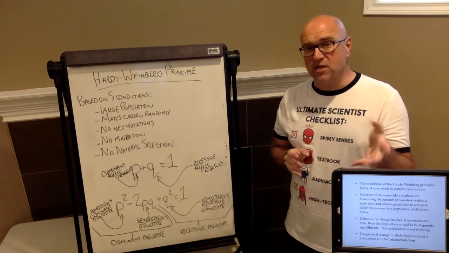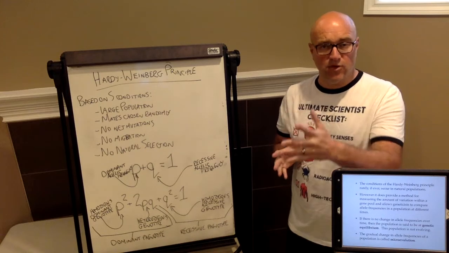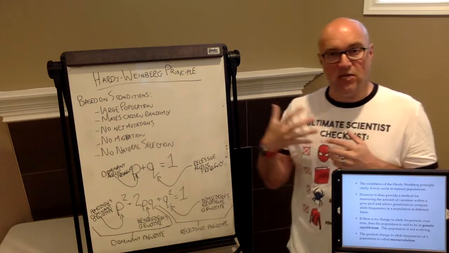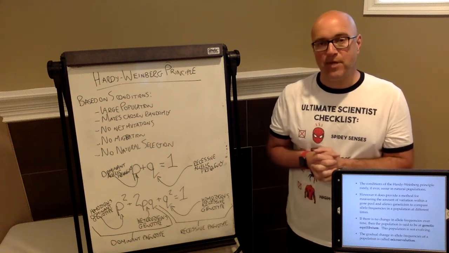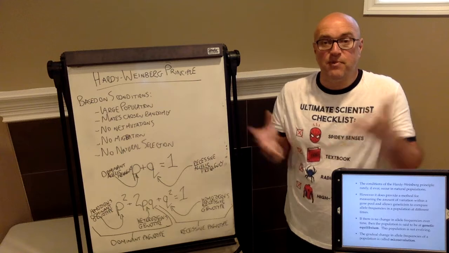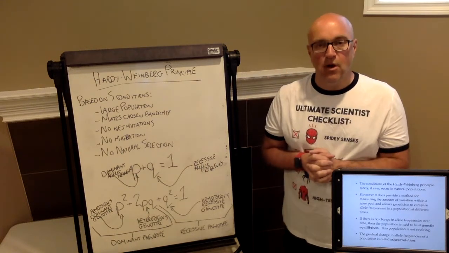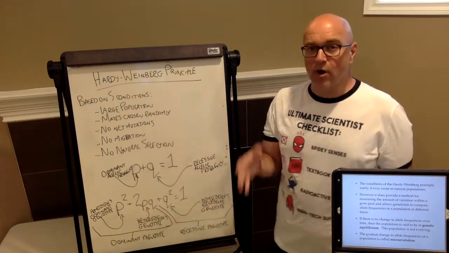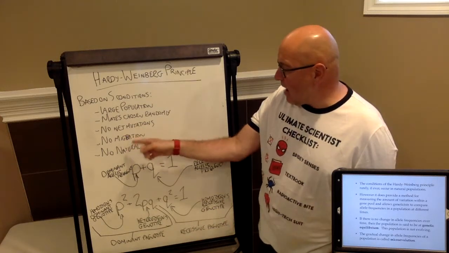And again, as I mentioned, gradual changes in allelic frequencies are going to be considered microevolution, which could be a precursor to, if it continues long enough, some form of speciation occurring, where one population maybe evolves into another species altogether. That can occur if microevolution is allowed to continue for long periods of time. But as you might remember in Bio 20, in order for evolution to occur, for natural selection to occur, you can't have migration, right?